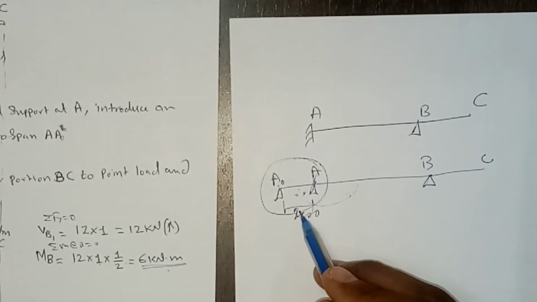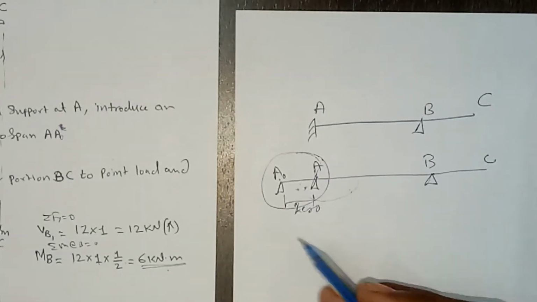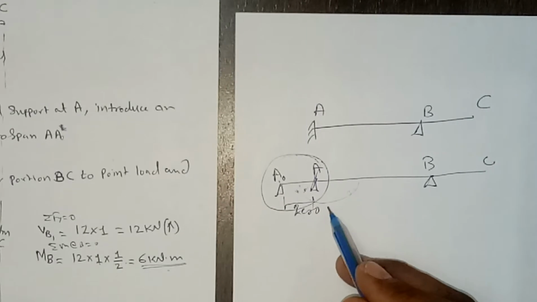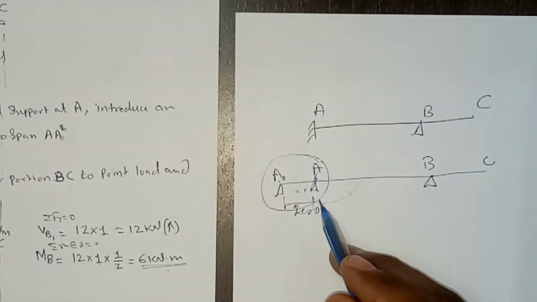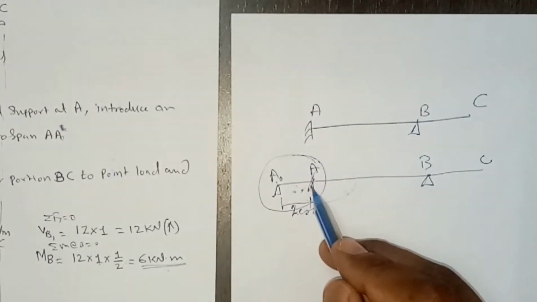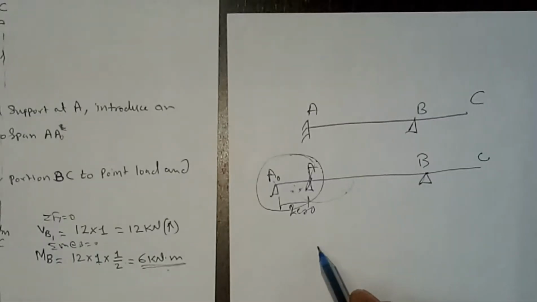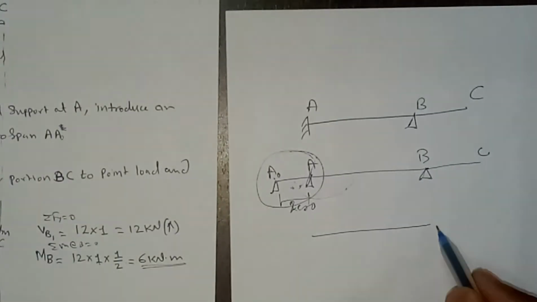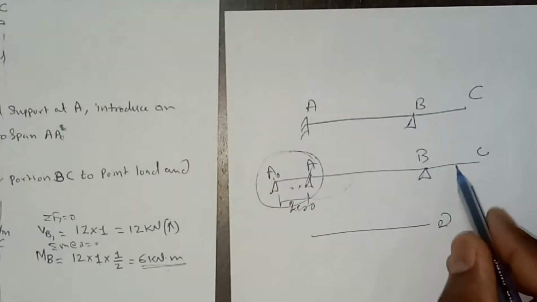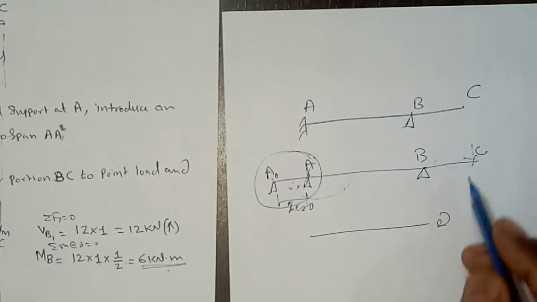No doubt the length is 0, so we'll substitute length as 0, and all corresponding values we'll substitute in Clapeyron's three-moment equation. But instead of fixed support, we have to assume this imaginary span. And for this cantilever portion, we can apply the moment that develops in the cantilever portion.